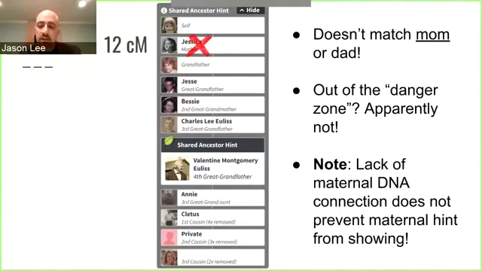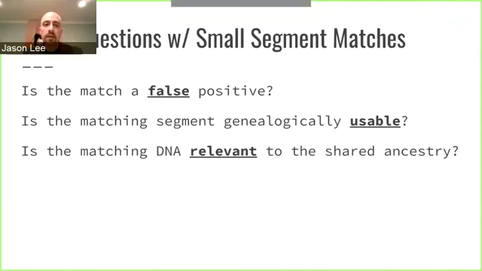Unfortunately, the lack of maternal DNA does not prevent a maternal hint from showing. So we just have to keep in mind that AncestryDNA doesn't check these connections as rigorously as some people might assume. We have to check these connections ourselves.